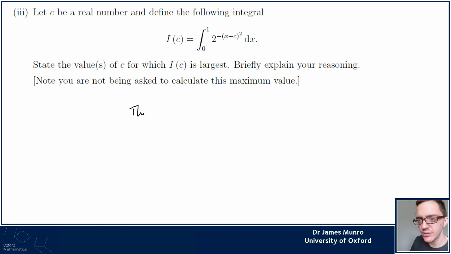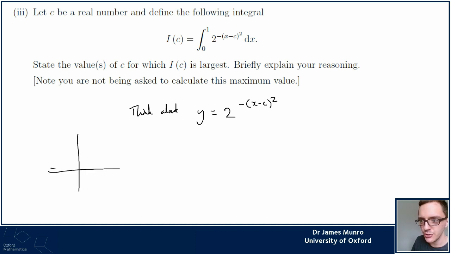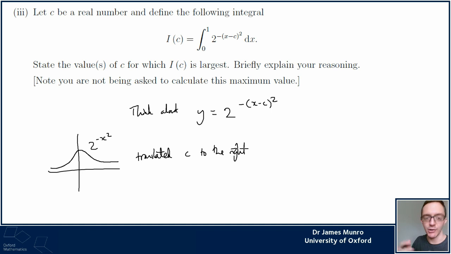So first, think about y equals 2 to the minus (x minus c) squared. That is 2 to the minus x squared, which we had before, but translated c to the right. I mean, in the positive x direction, but I'm saving writing.